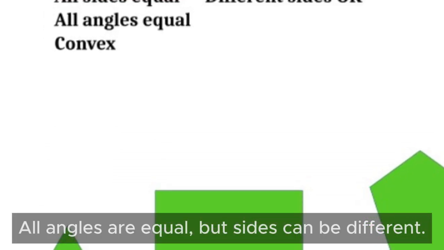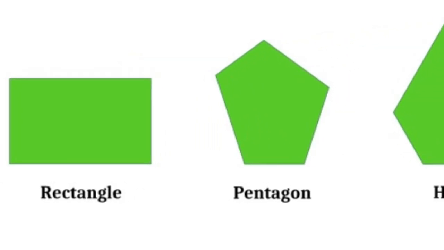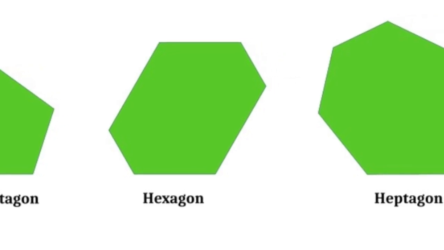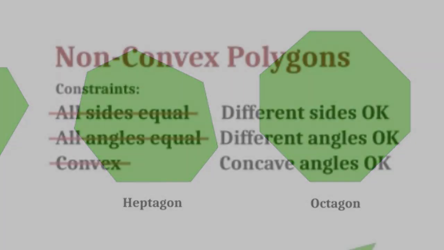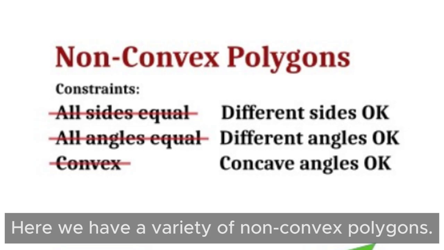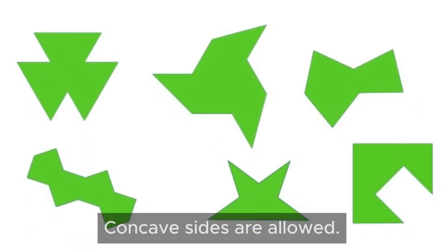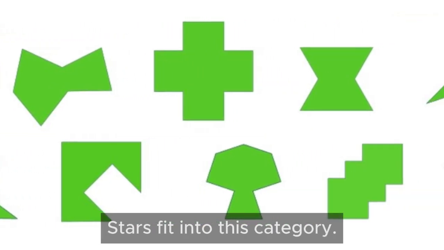All angles are equal, but sides can be different. Here we have a variety of non-convex polygons. Concave sides are allowed. Stars fit into this category.